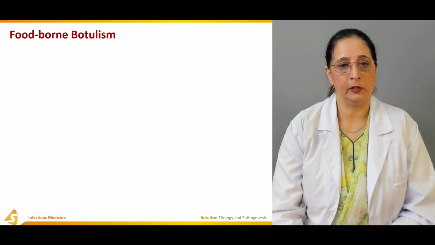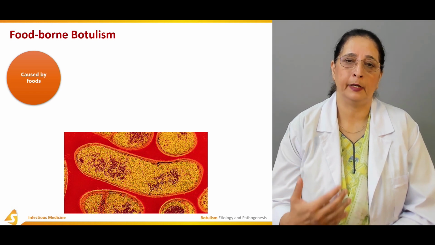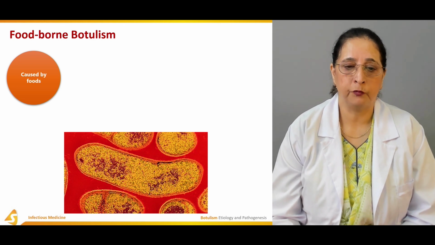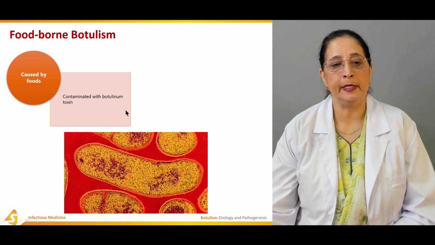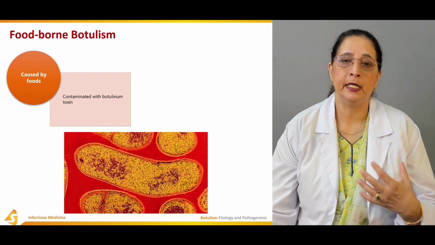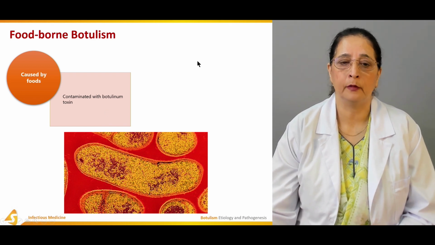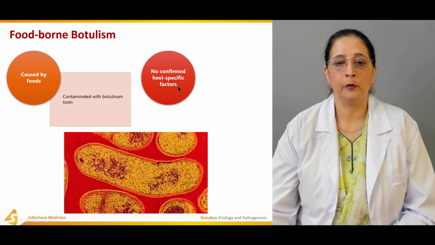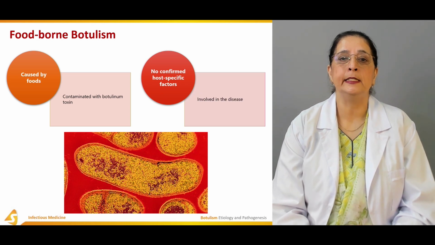Food-borne botulism, as the name shows, is spread by eating contaminated food. It is caused by food contaminated with the botulinum toxin. If that contaminated food is ingested, it can cause food-borne botulism. No confirmed host-specific factors are involved in the disease.